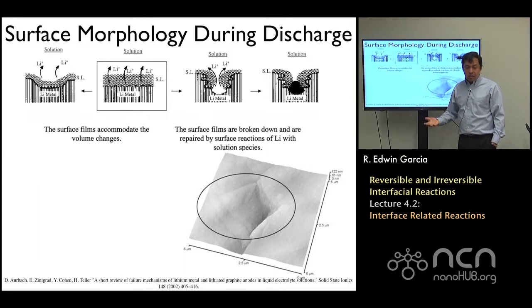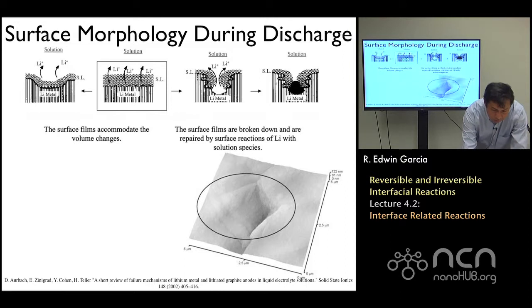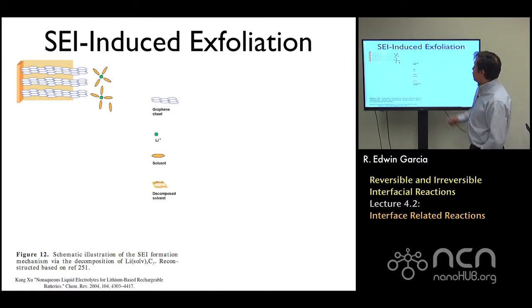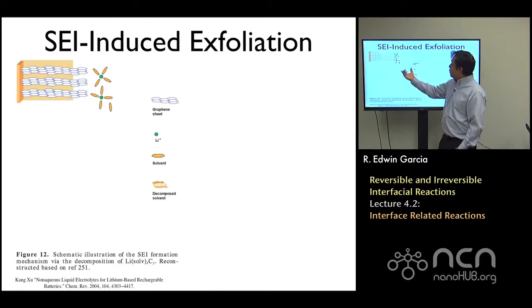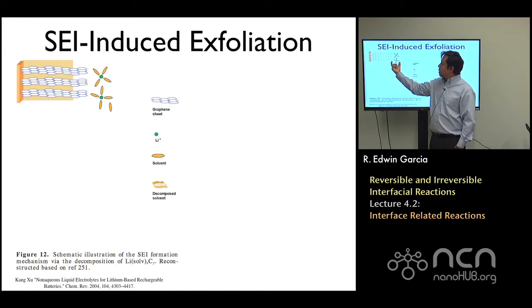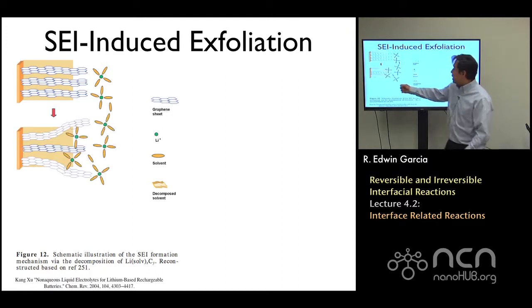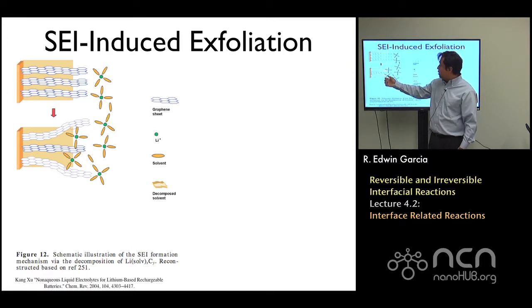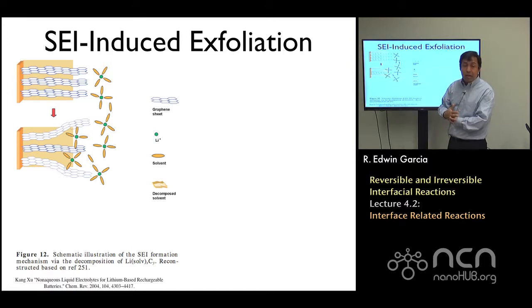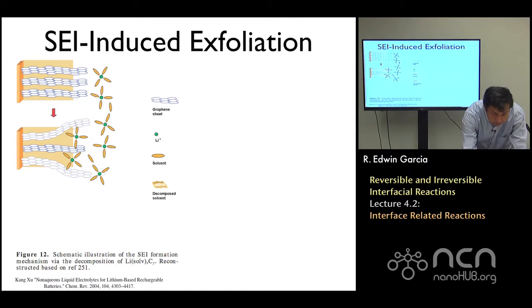Now, there are other things that SEI or these interfacial reactions do. As SEI forms at the interface, in some cases the molecules of SEI, as they sit in front of the graphite interface, have such a large driving force that some of them end up getting inside the lattice, opening it up further, and in some cases completely breaking it.